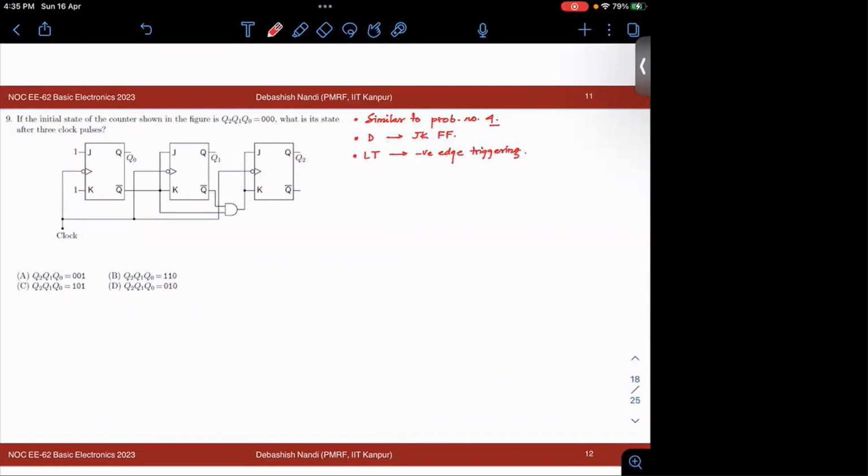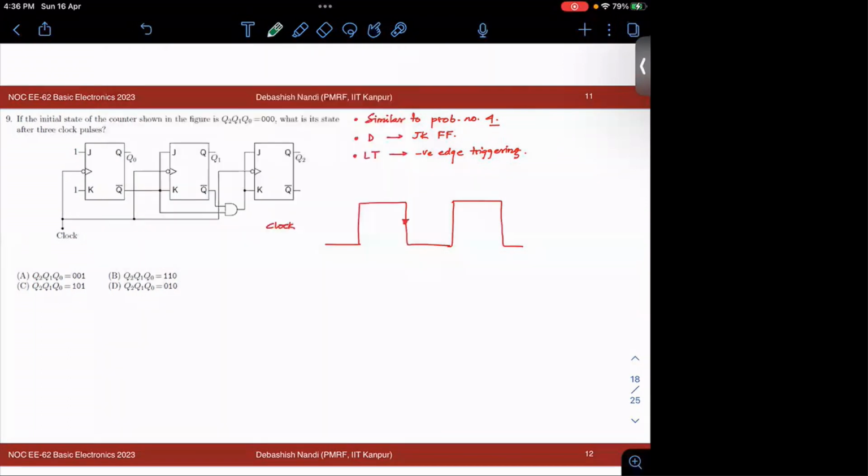The very simple way to do this is, again, make a table, right? First, I would like to tell you that if it is a clock pulse, suppose this is your negative edge, right? So what will we consider?